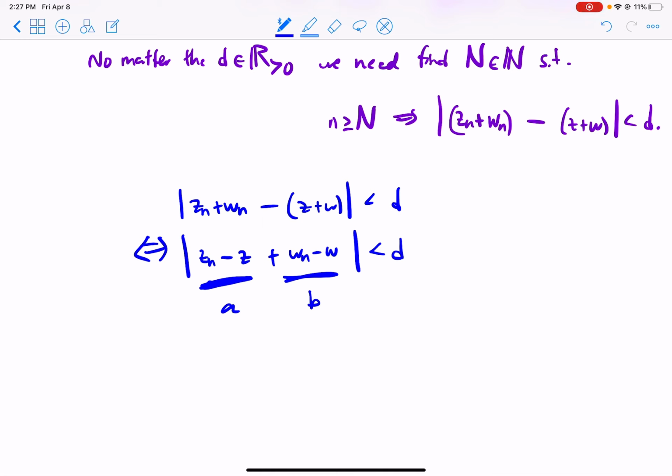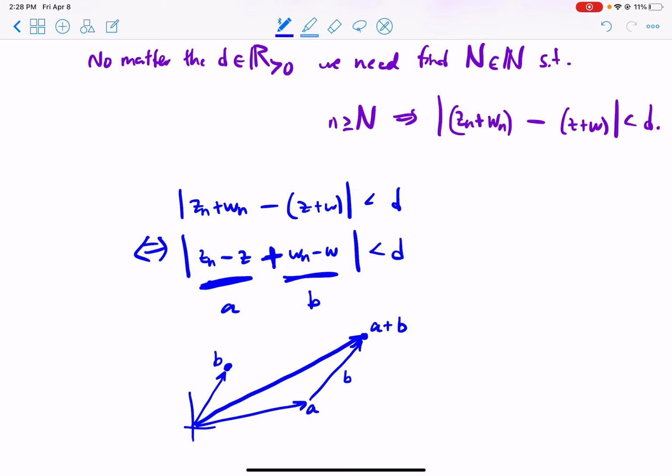And what we're seeing here is that if we have some complex number A and some complex number B, and we add them, we're doing A plus B. Maybe this is the complex number B, so really, secretly B is right here. But then this is A plus B. And here we have a triangle.